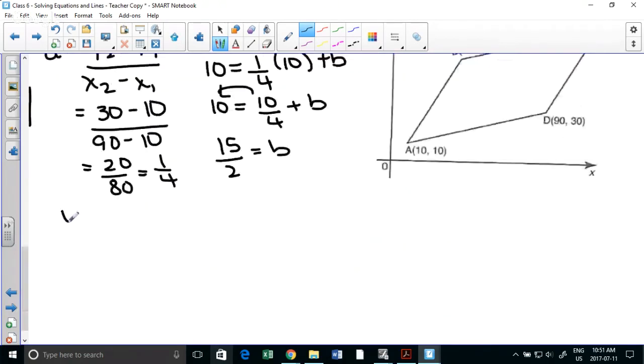So I have y equals 1 over 4x plus 15 over 2. 30 minus 10 is 20. 90 minus 10 is 80.